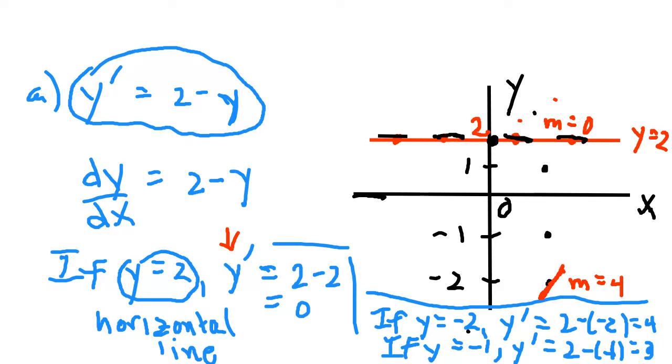And so that means when y equals -1 here, the slope will be a little shallower, although this isn't perfectly drawn. Okay. What about here, when y equals 1? What's the slope going to be there based on this differential equation?